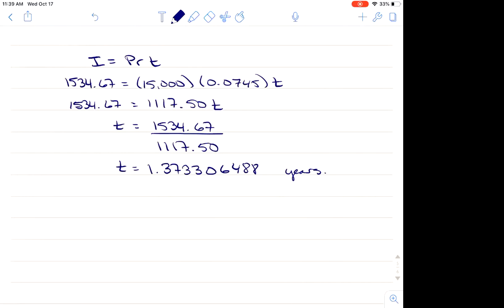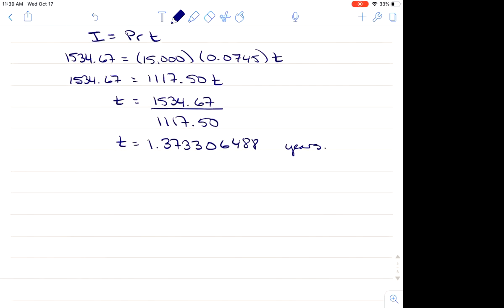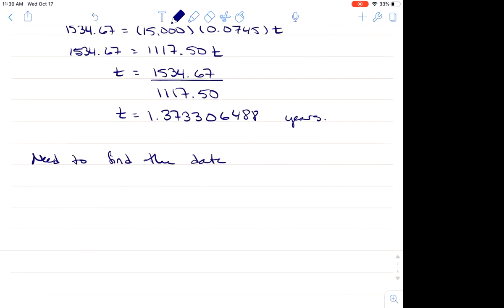So we need to find the date, which means we need to use our days between dates on our calculator, so we need to know how many days is 1.37330648 years.